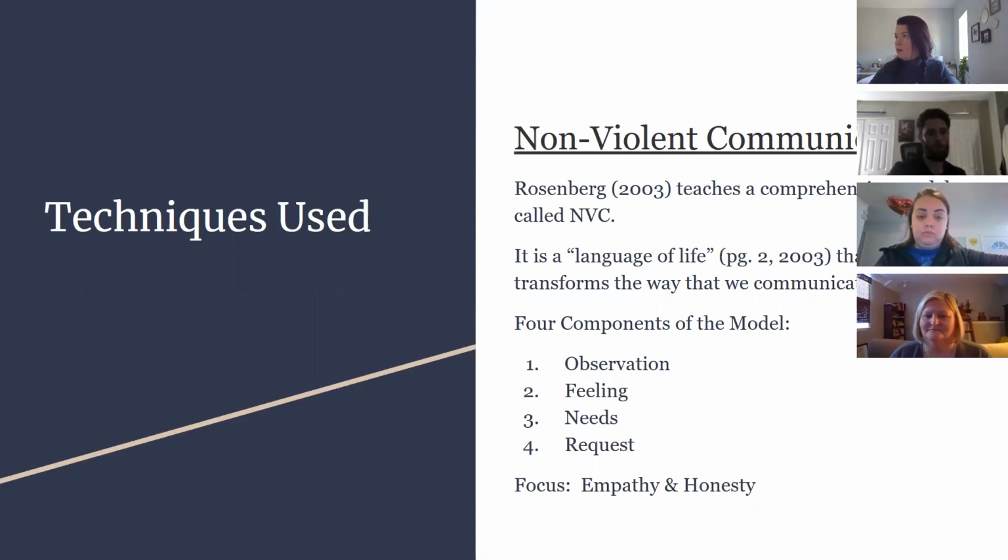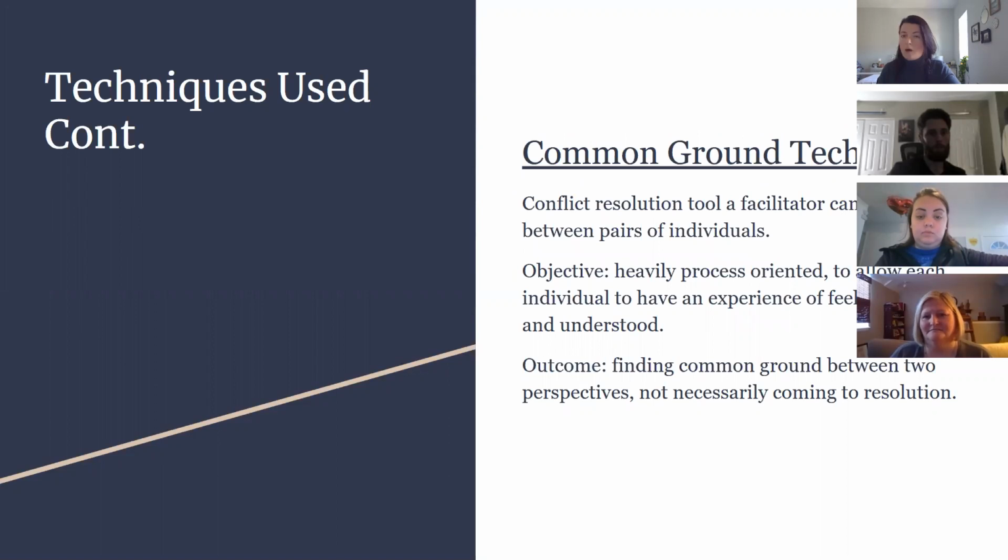The next technique that we used is the common ground technique, taught in a video that we watched throughout this course. Two facilitators were able to set the rules for the common ground technique, in which people were to remain respectful and not talk over each other.